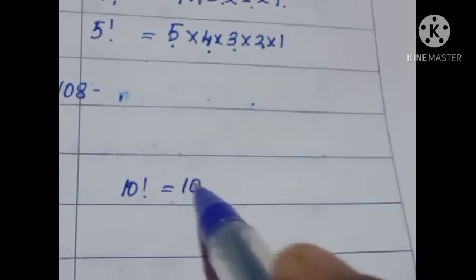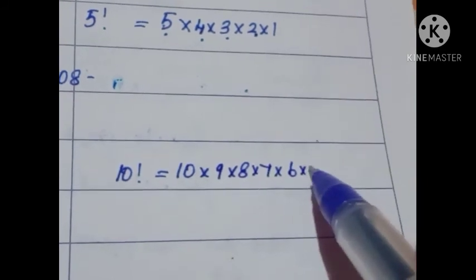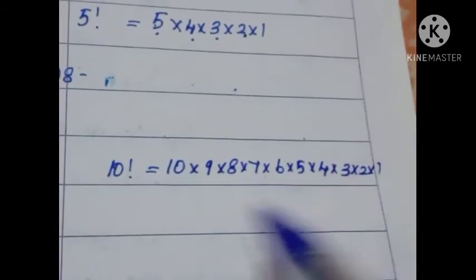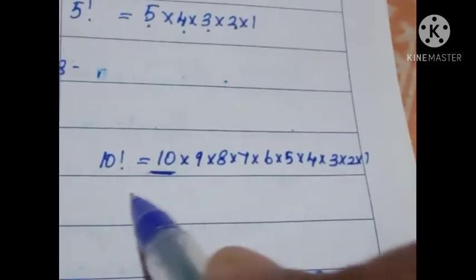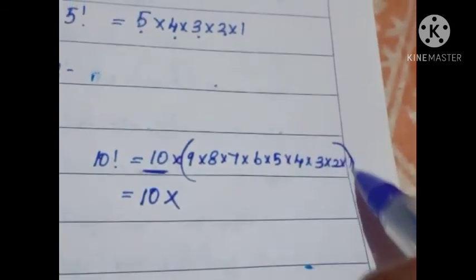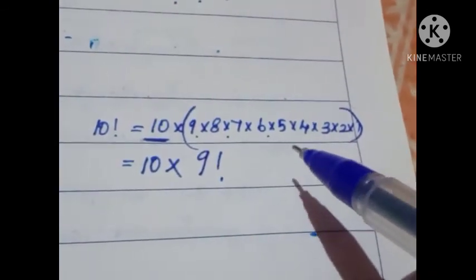10 factorial is 10 into 9 into 8 into 7 into 6 into 5 into 4 into 3 into 2 into 1. This can also be written as 10 into 9 factorial.